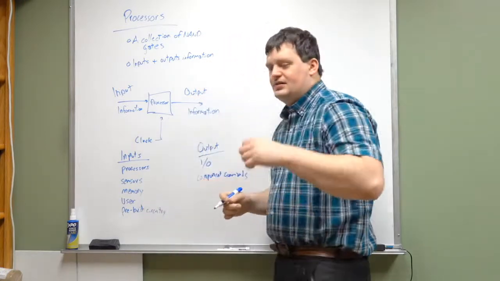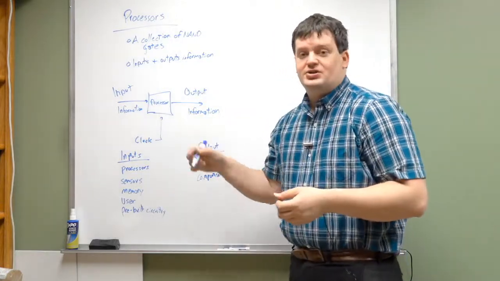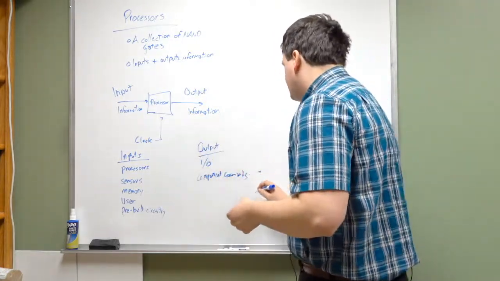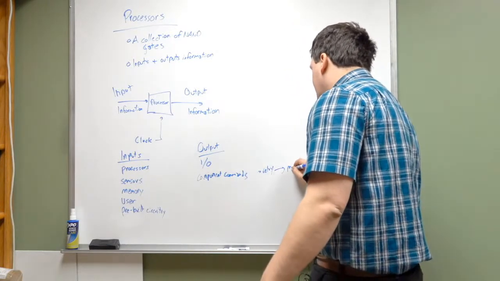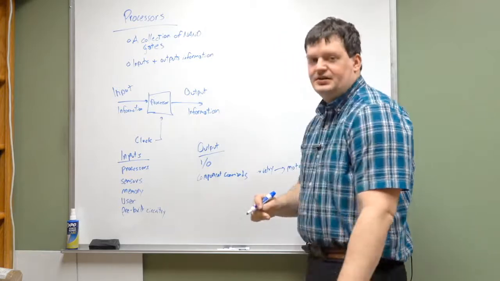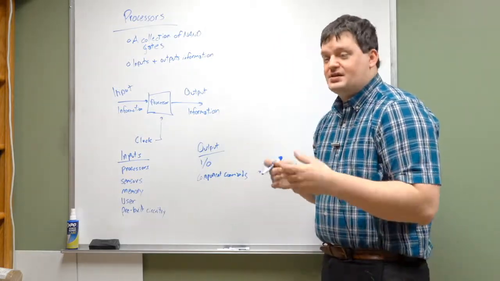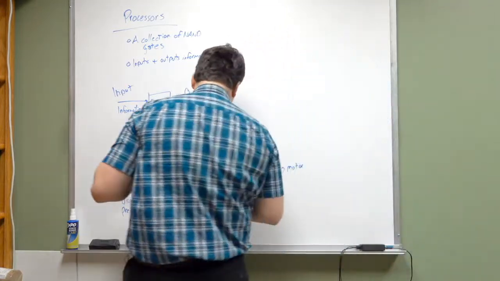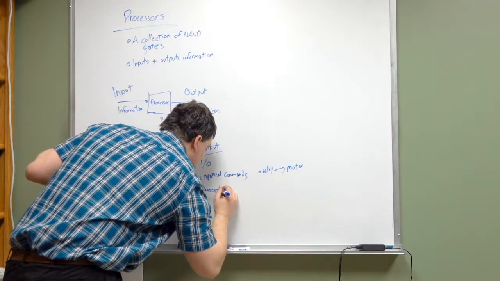Meaning, let's say as a result of this processor, you want a motor to turn on. This would go into a relay, which would then power a motor. So it could be a direct component command that it's giving. Output can be information that goes to other processors or integrated chips.